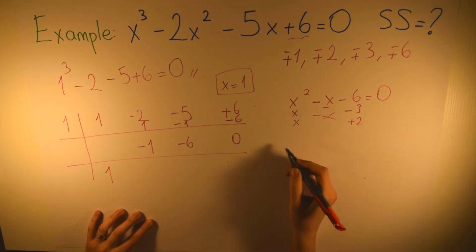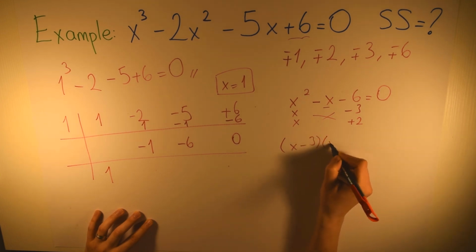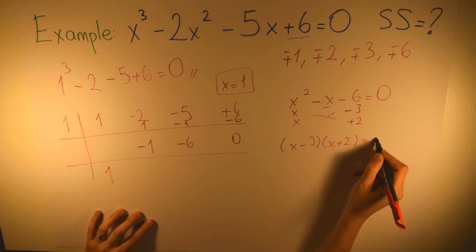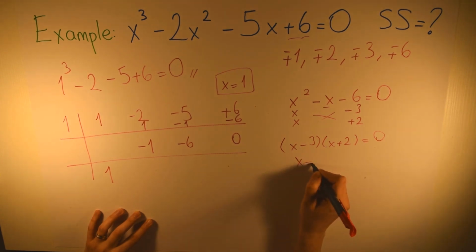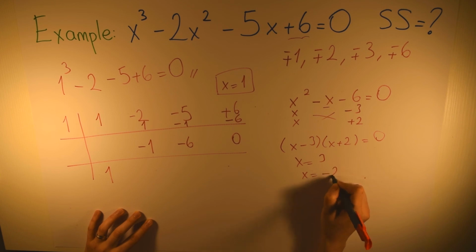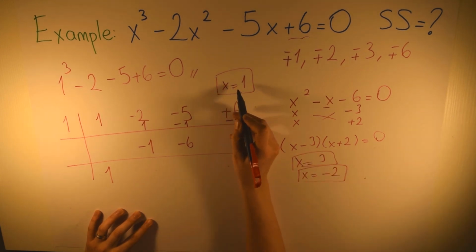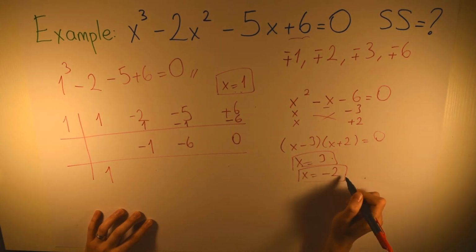So I can write this equation as x minus 3 times x plus 2 is equal to 0. So x is either 3 or it's equal to minus 2. So this one is our first root, this is our second, and this is our third root.